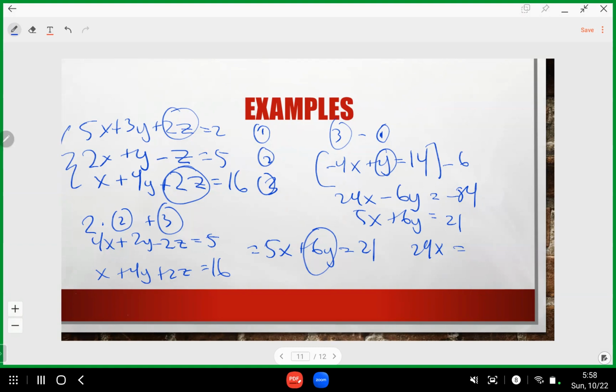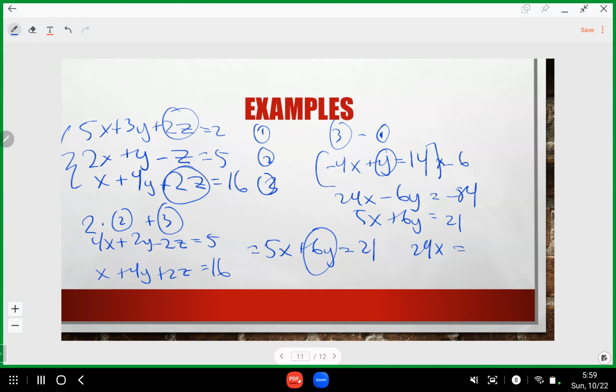So let's see what we did here. If you take 3 minus 1, we are going to have, right, that makes sense. And yeah, negative 4x plus y is equal to 14, yeah? Okay, so that's correct. And we multiplied this by negative 6.